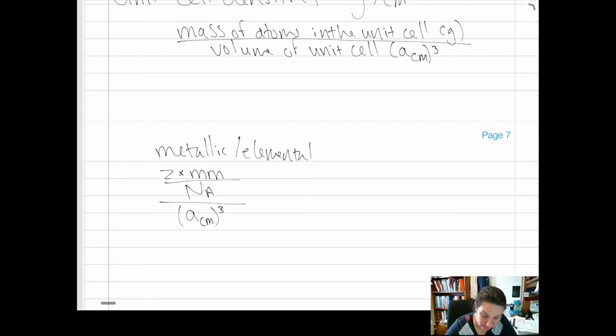If we have ionic, we're going to take Z plus times its molar mass plus Z minus times its molar mass divided by Avogadro's number, and then the whole thing is going to be divided by A in centimeters cubed, and this A is based on the anion.